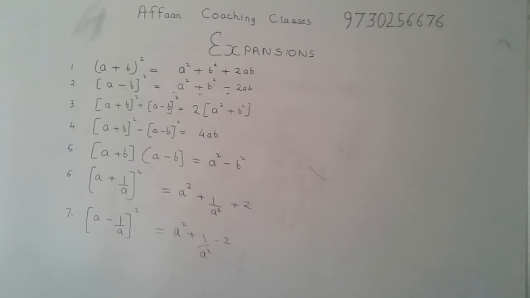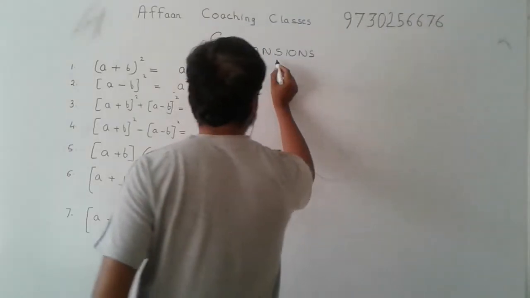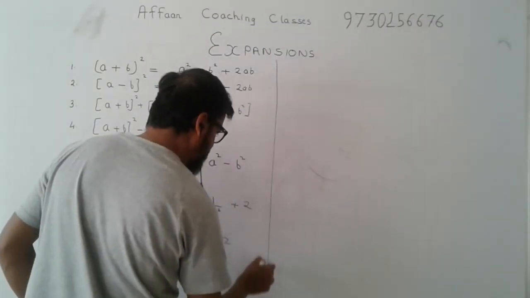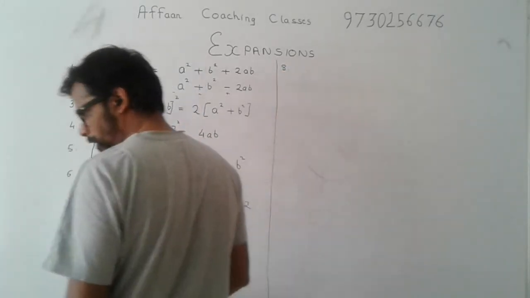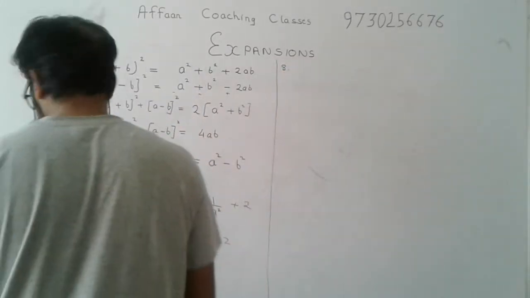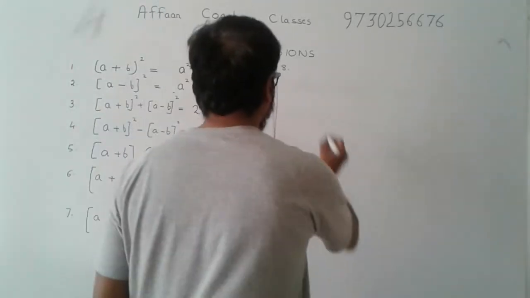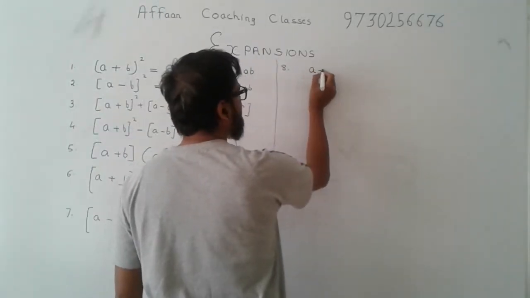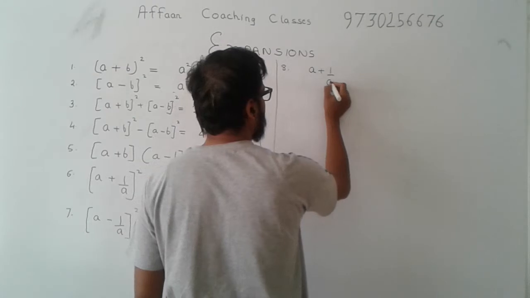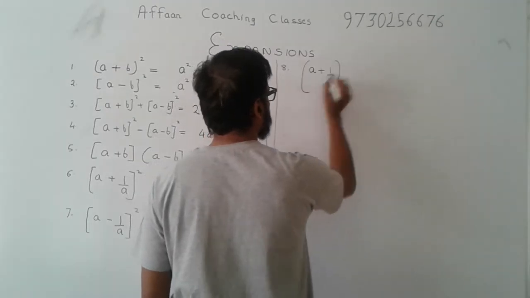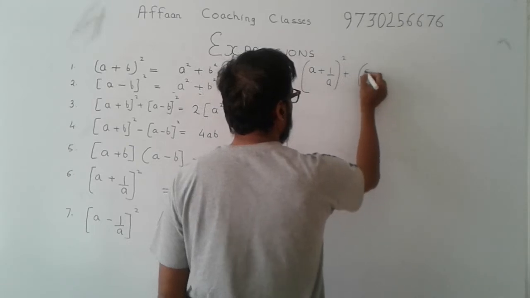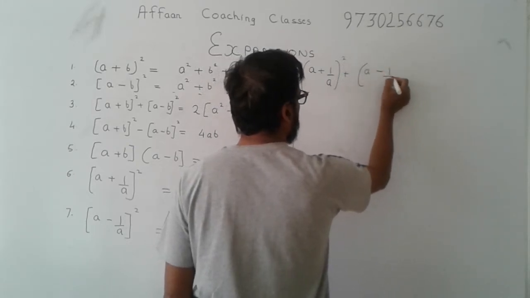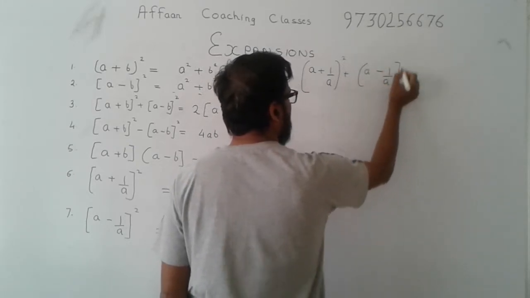Now let's have a look at another formula. We'll write it over here. Formula number 8 is (a plus 1 upon a) whole bracket square plus (a minus 1 upon a) whole bracket square.